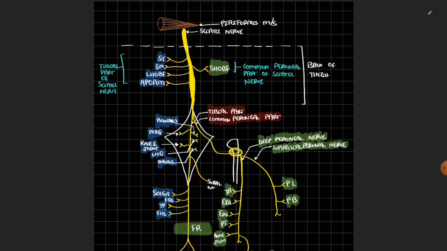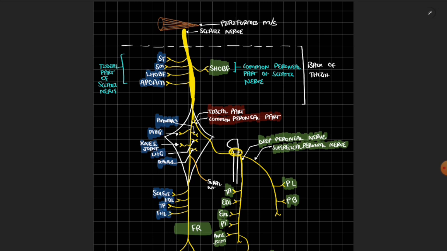The back of the leg is supplied by the tibial part. The branches for the superficial muscles of the back of the leg divide in the popliteal fossa, and the branches for the deep muscles divide in the back of the leg itself.